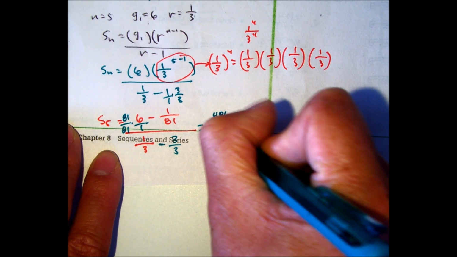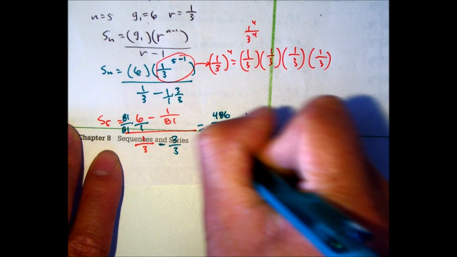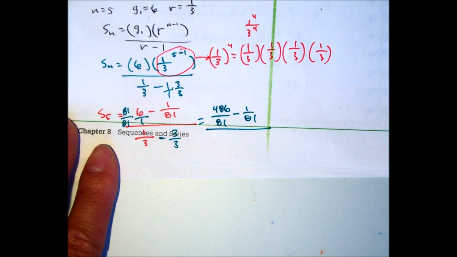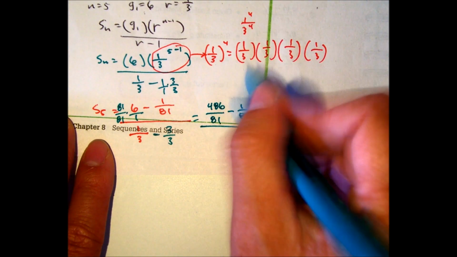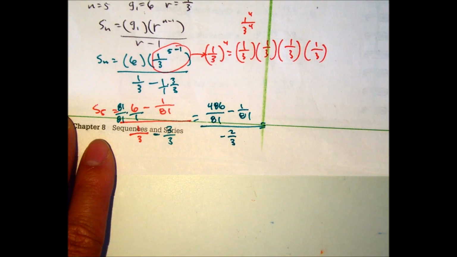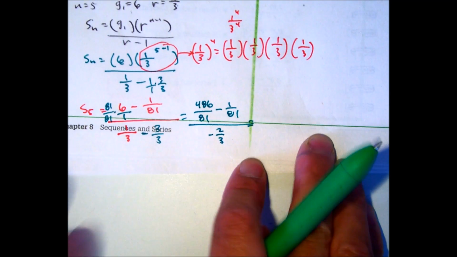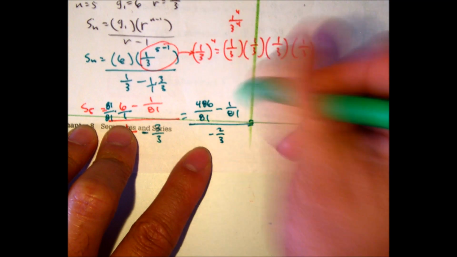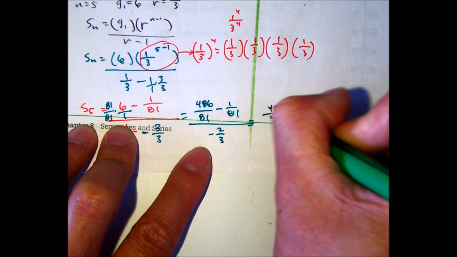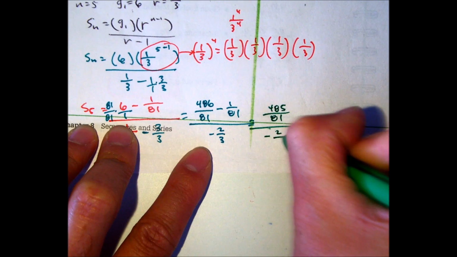Over 81 minus 1 over 81. All over, class, what's 1 minus 3? So this will become negative 2/3. So 486 minus 1 gives me 485 over 81, all over negative 2/3.